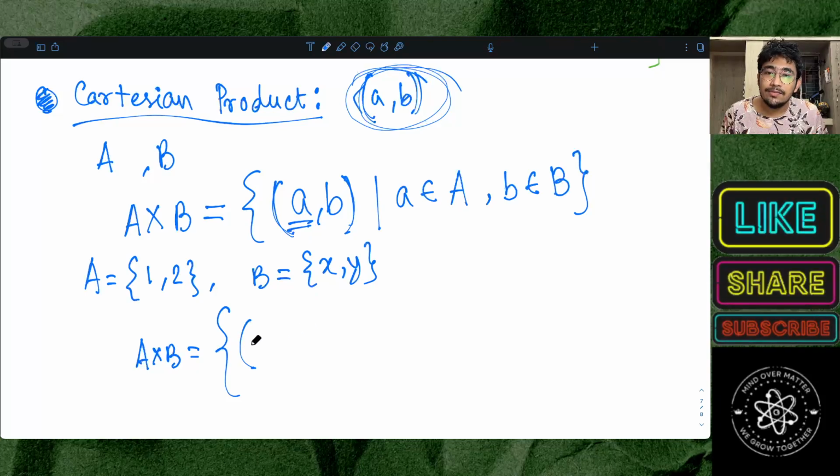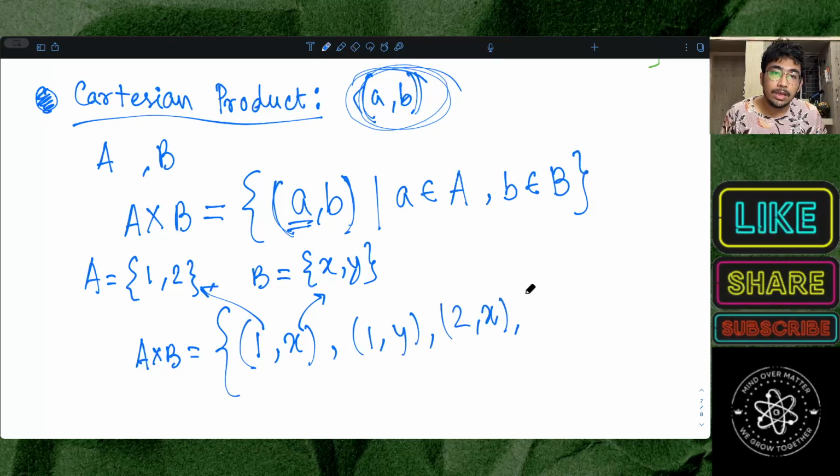Every element has two entries taken from A and B, the first one from A, the second one from B. So 1 comma x can be an element of A cross B, because 1 comes from A and x comes from B. Similarly 1 comma y, 2 comma x, and 2 comma y. These are the elements of the Cartesian product of A and B.